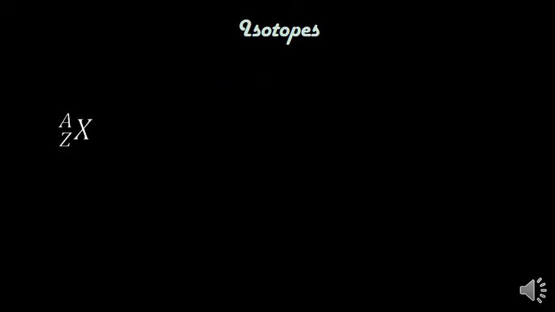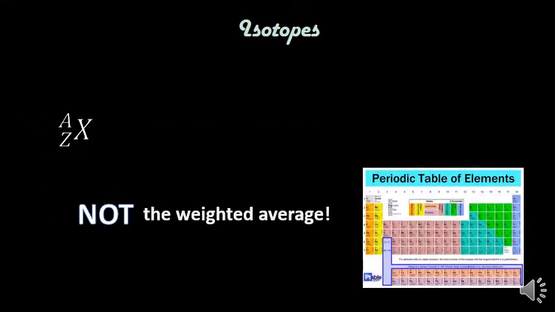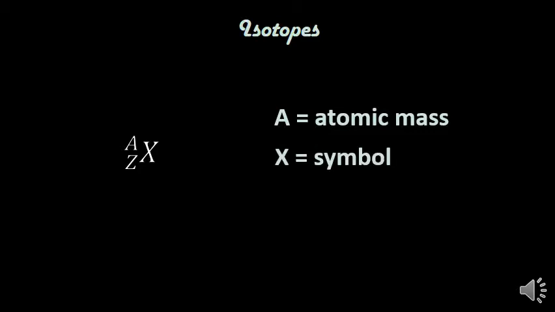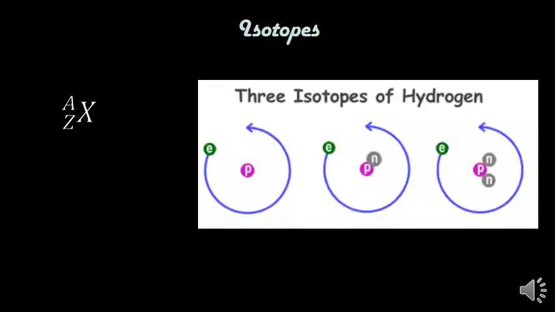This is the format we use to reflect the particular isotope we're talking about. A in this case reflects the atomic mass, X is the symbol, and Z equals the number of protons.